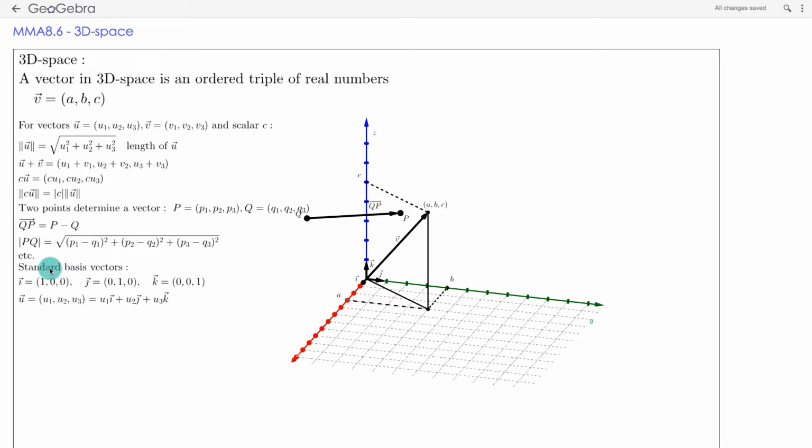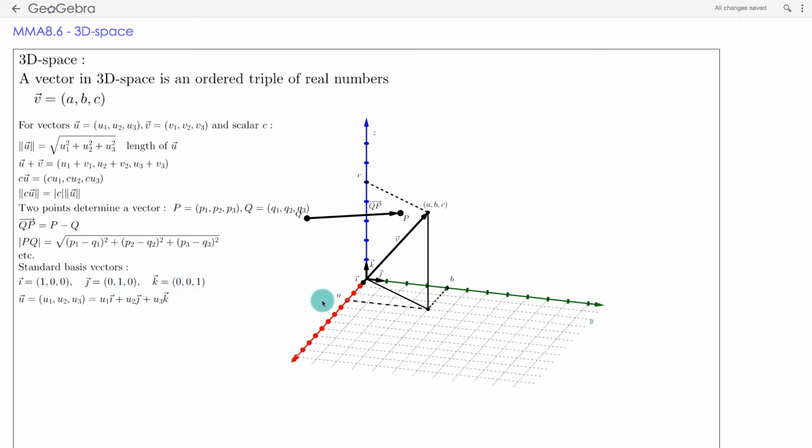Since we now have an extra dimension, we also have an extra standard basis vector. So following the alphabet, we come to K, and I is now not 1, 0, but 1, 0, 0. J is 0, 1, 0, and K is 0, 0, 1.